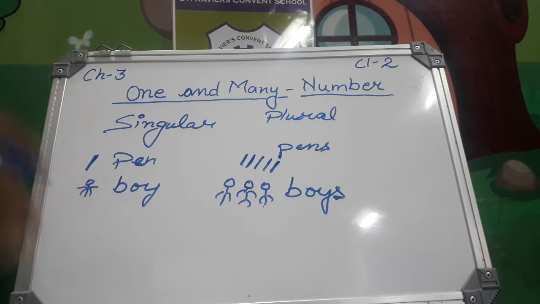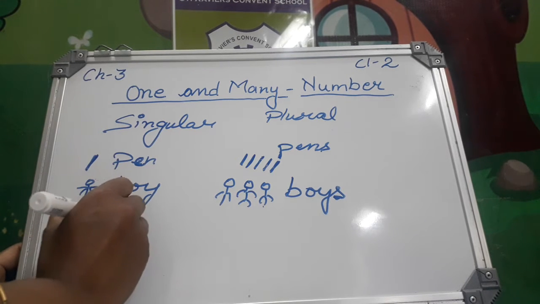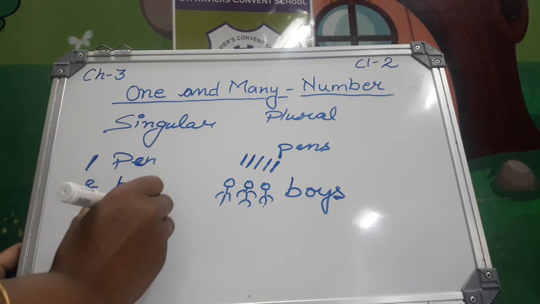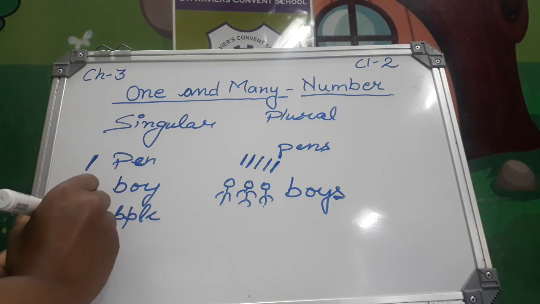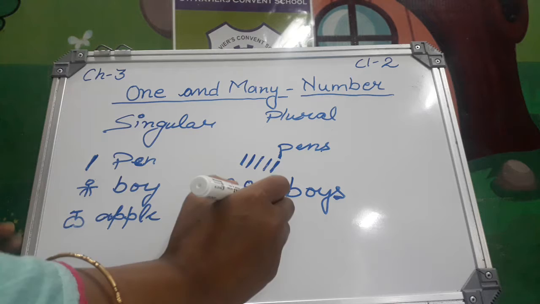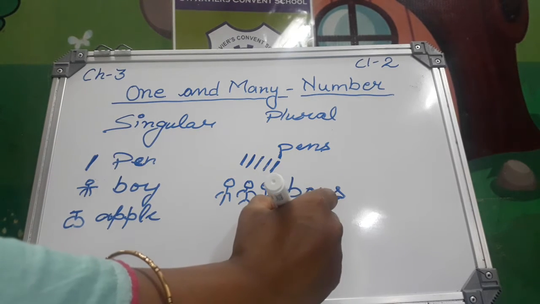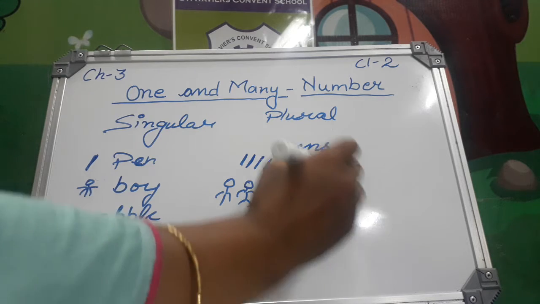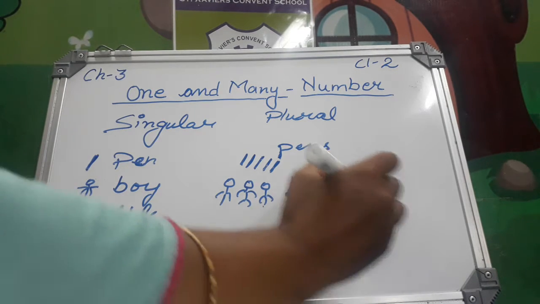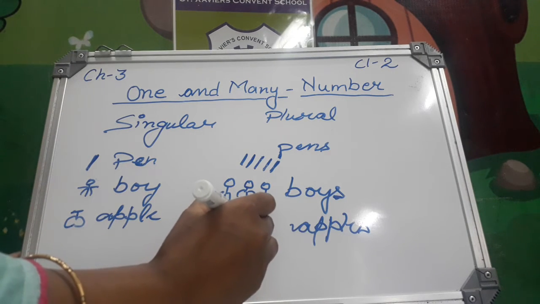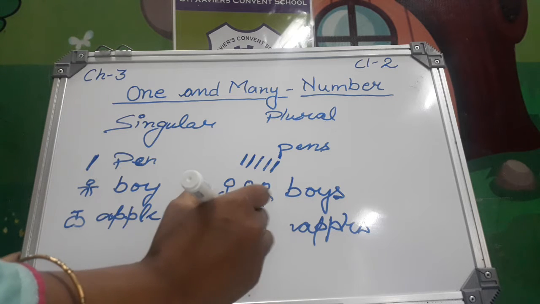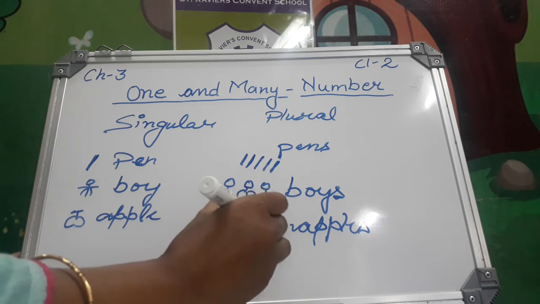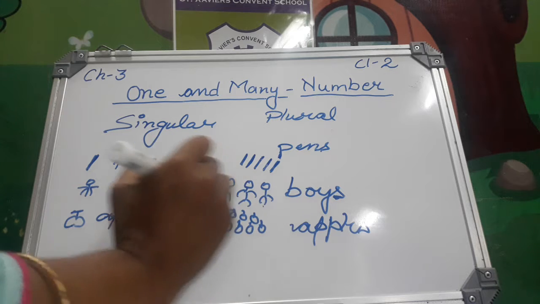Apple, if we say apple, here is only one apple. If I say apples, that means it is a plural noun and here is more than one apple.